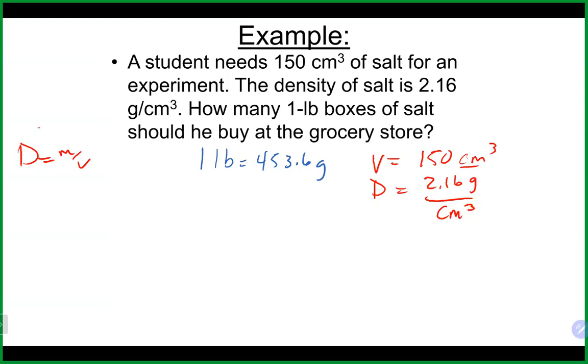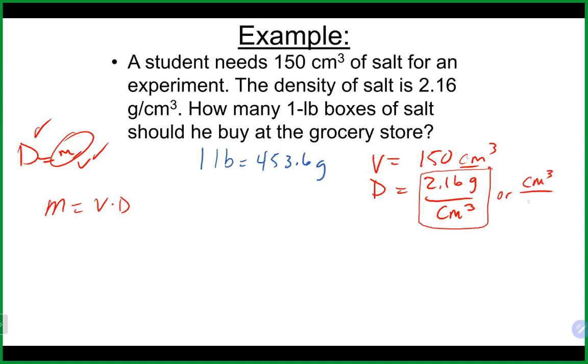So using our density equation to solve for mass would be a good idea. Our mass in this case would be the volume times the density. We can use our density as a conversion factor. We could use it like this, or in this direction if we wanted to show a more dimensional analysis approach.